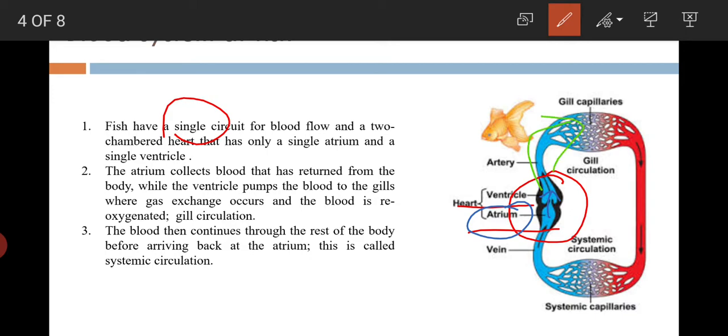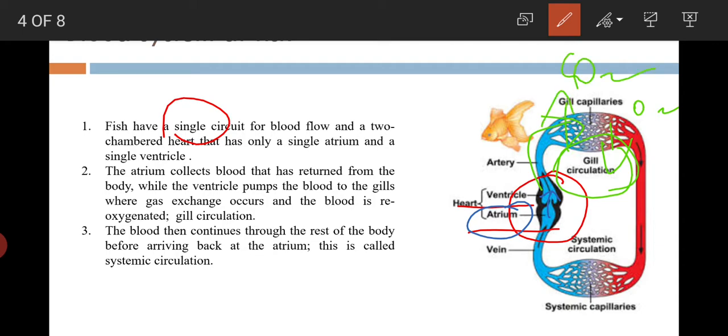The gills are the organ in the fish where the gas exchange happens by diffusion, when the oxygen is obtained and the carbon dioxide goes outside.